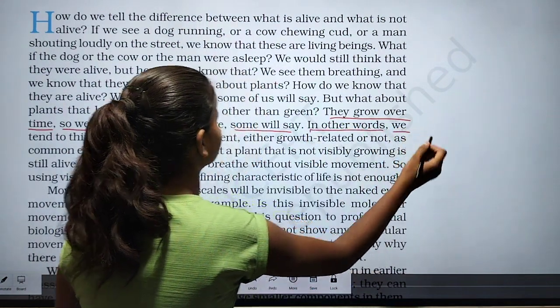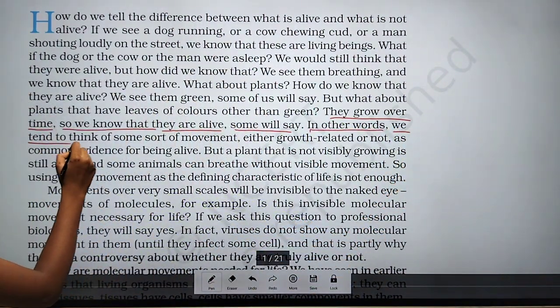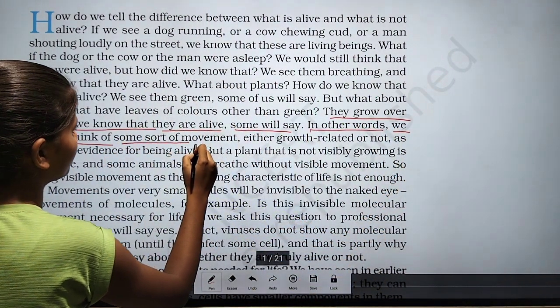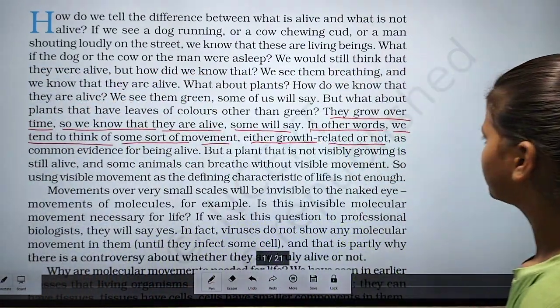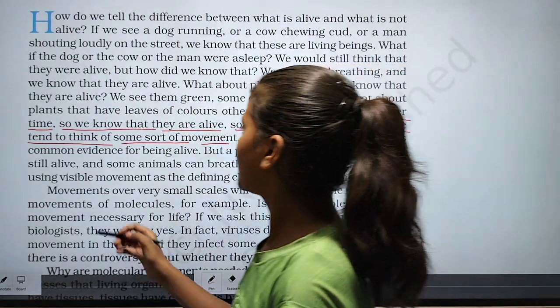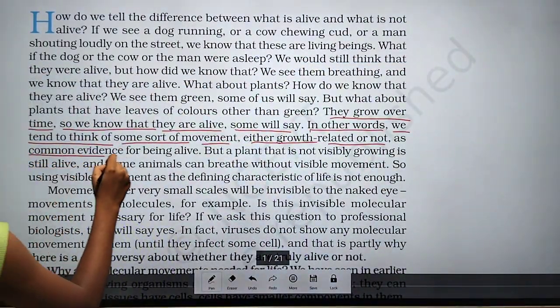In other words, we tend to think of some sort of movement, either growth related or not, as common evidence of living.